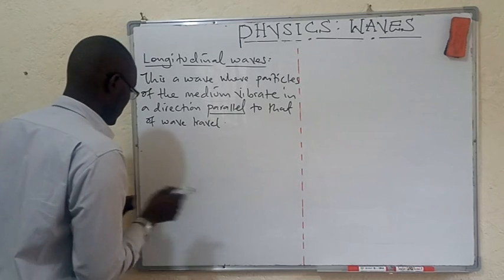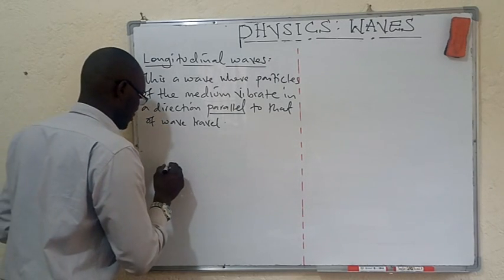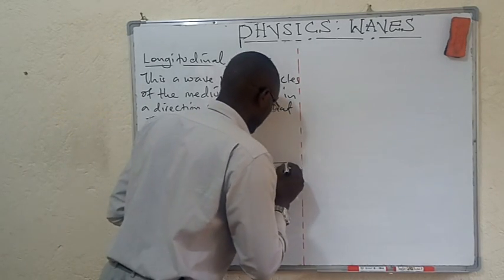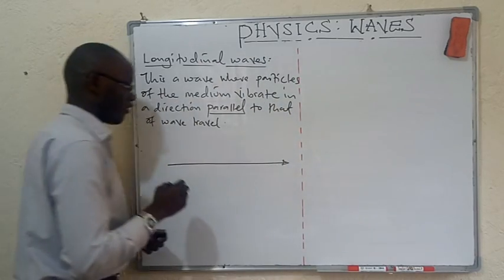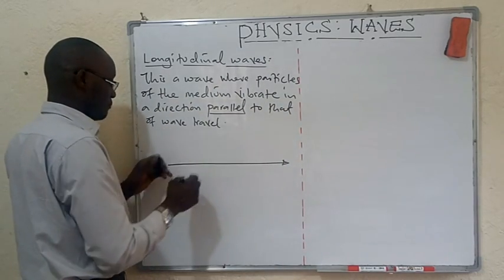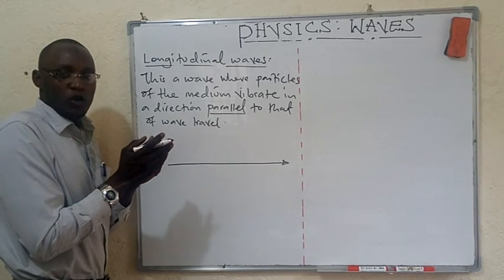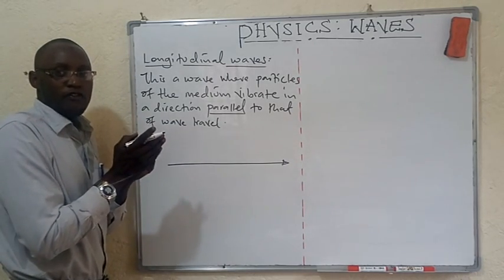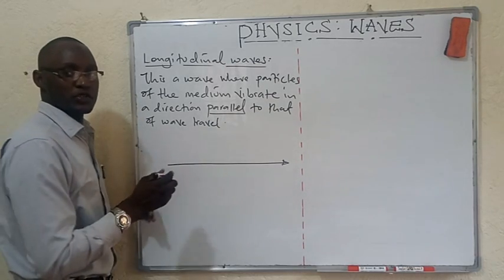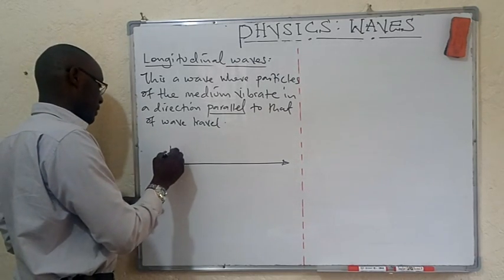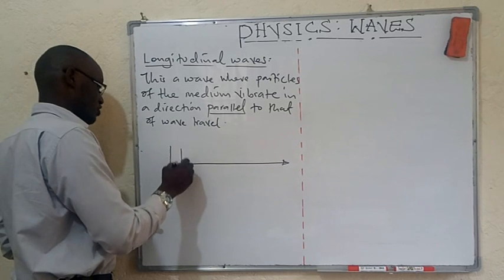What I'm trying to say is this. Assuming this is the direction of travel of a wave, particles of the medium are going to behave like this. They are going to compress themselves and then form what we call rarefactions. So you will find particles in this kind of arrangement.